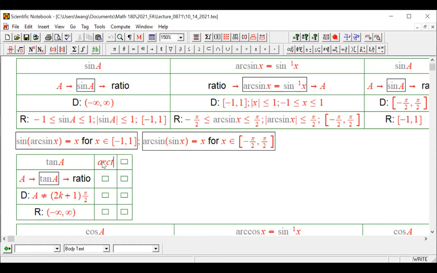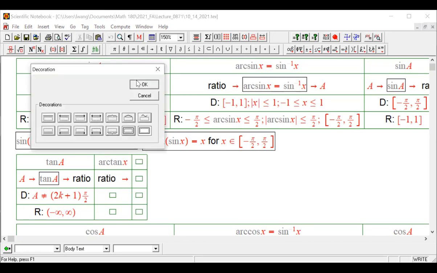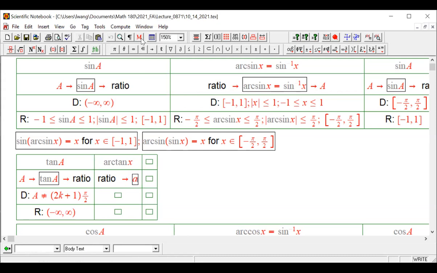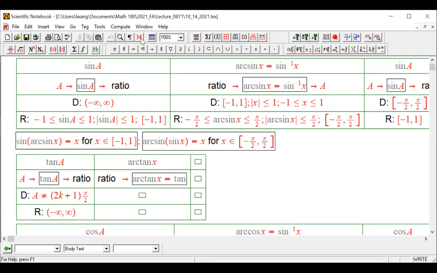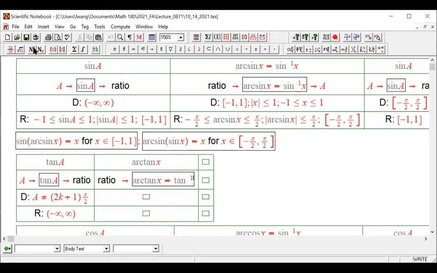Arctangent, however, as we understand, is a function that takes a ratio. Arctan or tan inverse, these are used interchangeably.